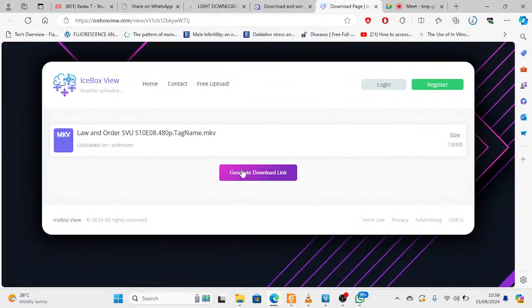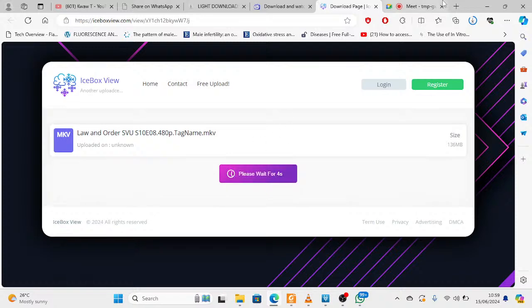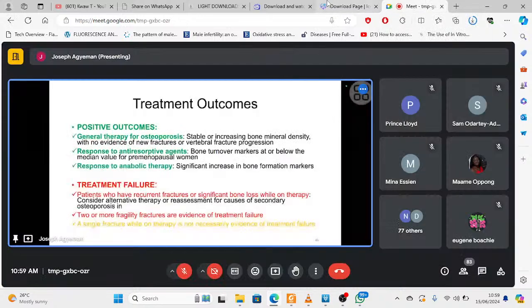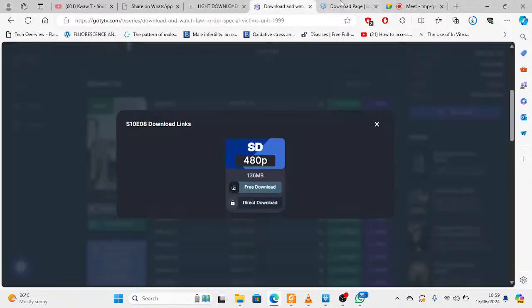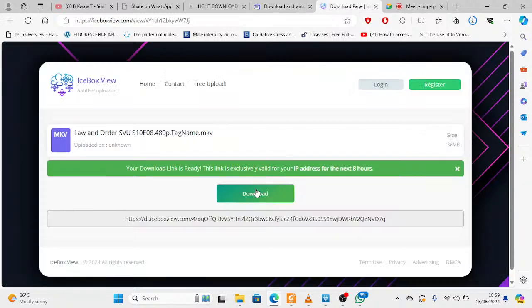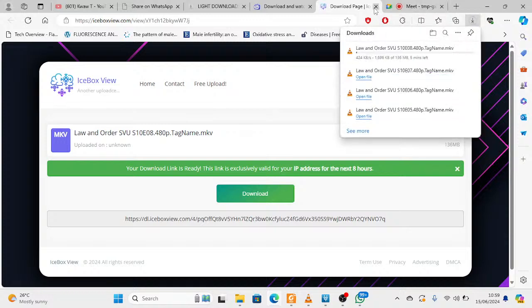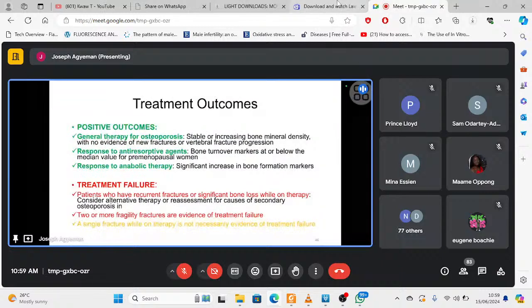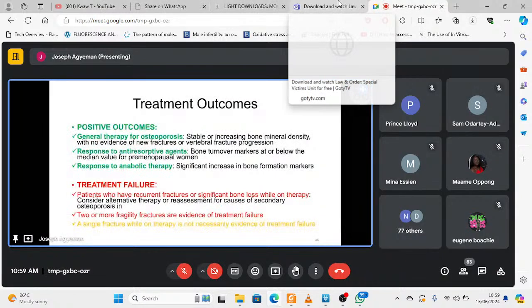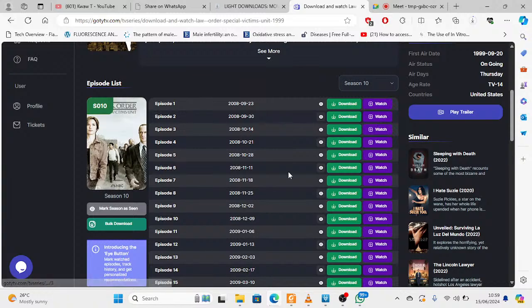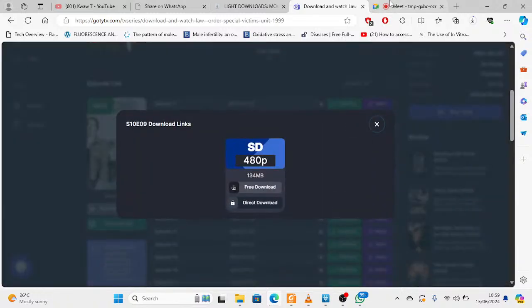However, if you are using an anabolic agent, teriparatide and those things, we are trying to build up the bone. So all the markers, collagen type 1 peptide, phosphatase, those things, we expect them to build up and sit in the bone. Therefore, for an anabolic agent, you expect the opposite.